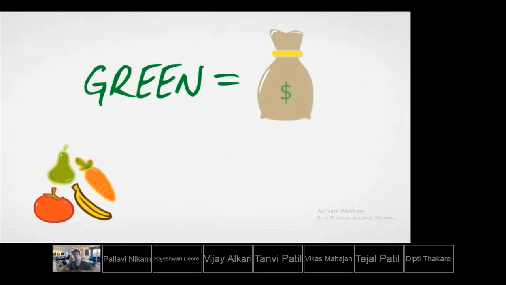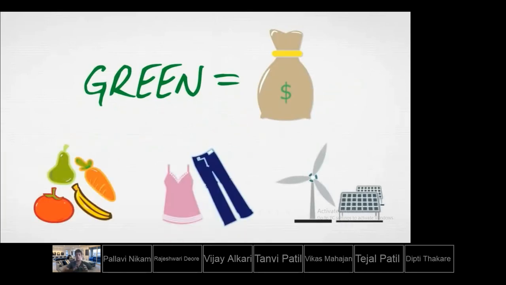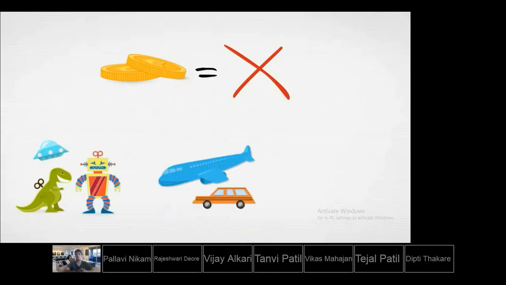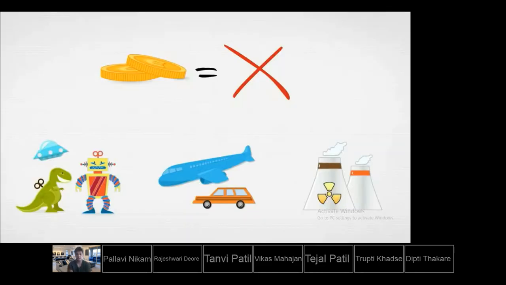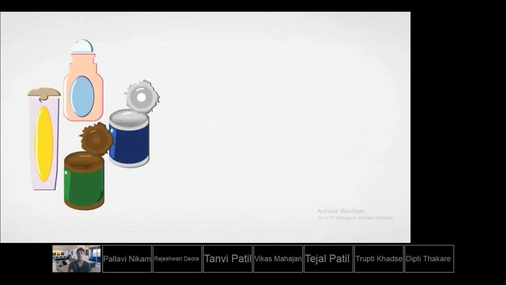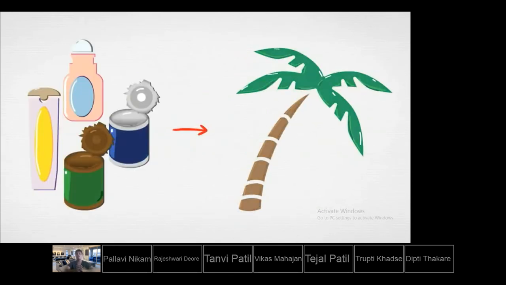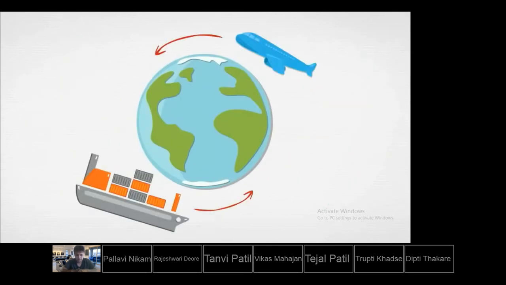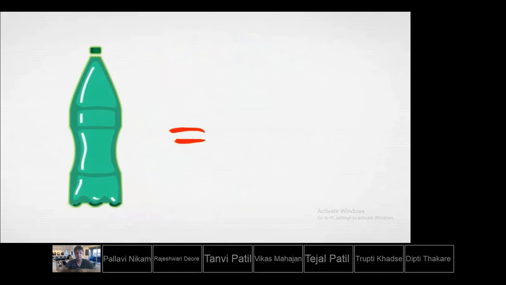For example, organic food, fair trade clothing, or renewable energies. The cheap stuff is often really bad. Just think of plastic toys, transportation, renewable energy. Sometimes even green is bad when it has unintended consequences. Cosmetics and food use palm oil that destroys rainforests. Organic food is shipped or flown around between continents. Bioplastic is made from genetically modified plants.